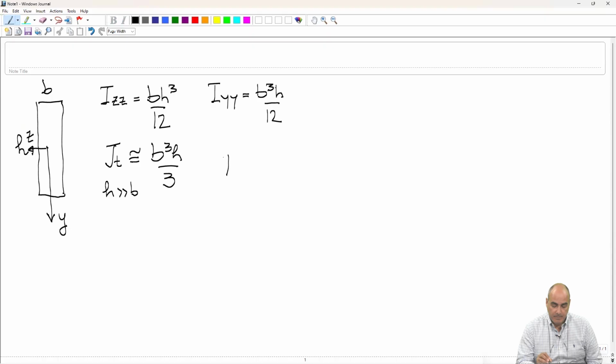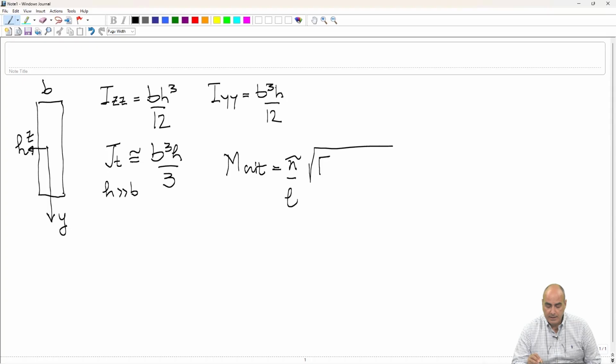So help me in reminding what we had as the critical moment: it was pi over L, you have it on your slide, and I think it was E, J_YY, G, J_T.